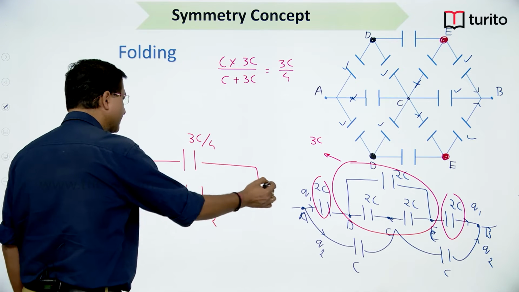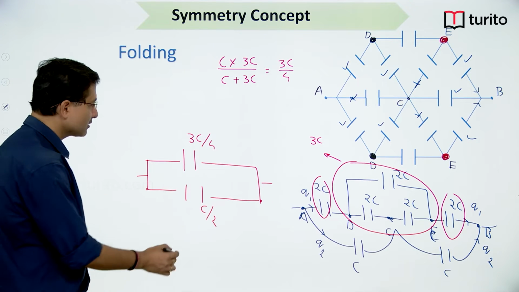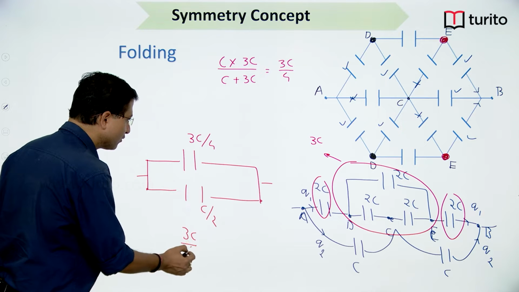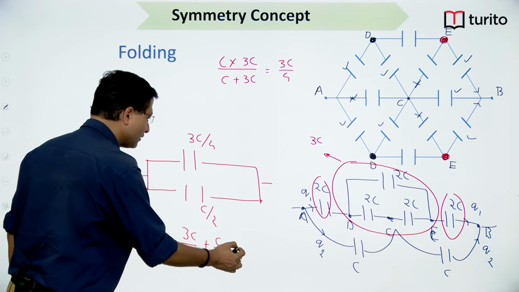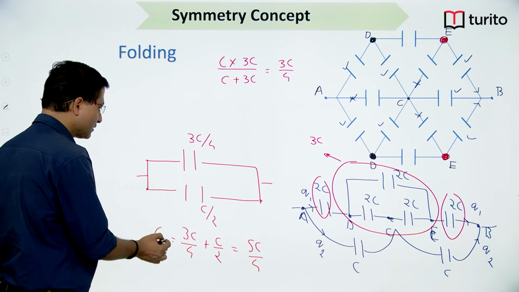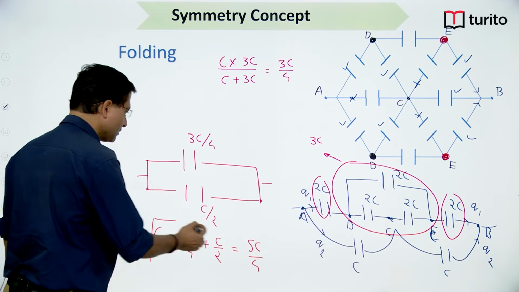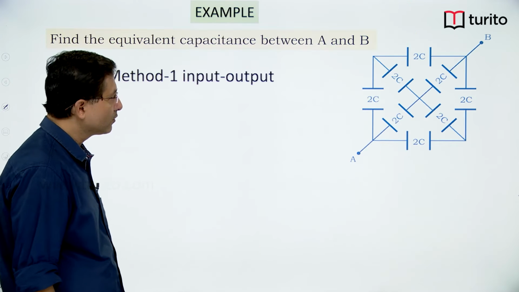Now these two are connected in parallel. If they are connected in parallel, I can add capacitance. So 3C by 4 plus C by 2, multiply and divide by 2 here, I can see 5C by 4. So the equivalent capacitance of this circuit is 5C by 4, right.